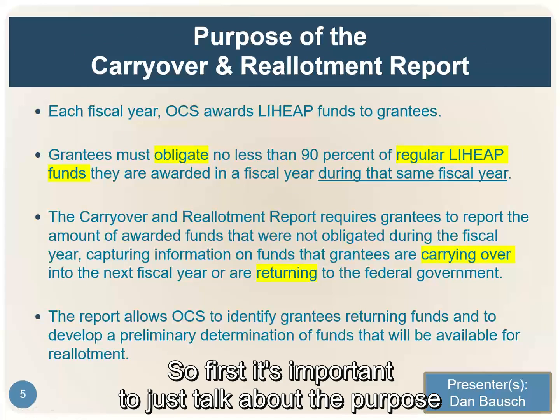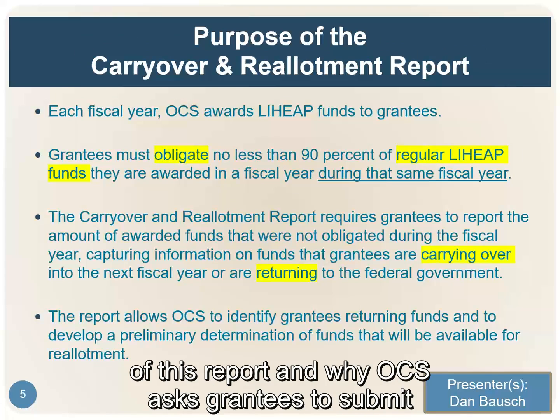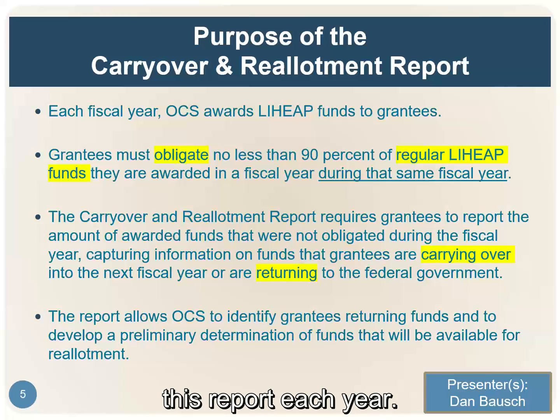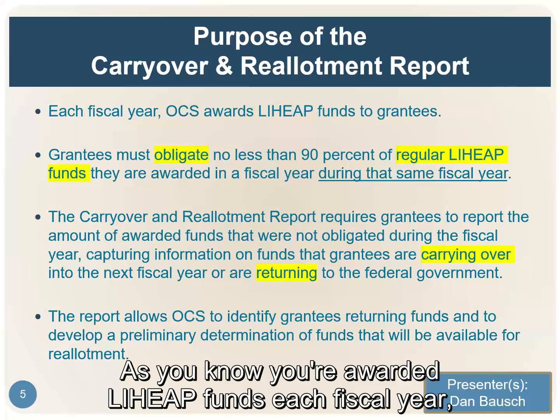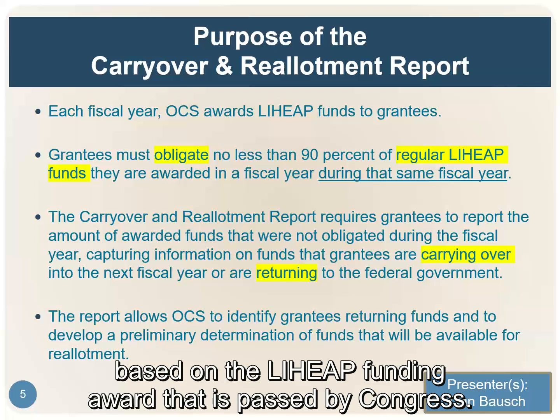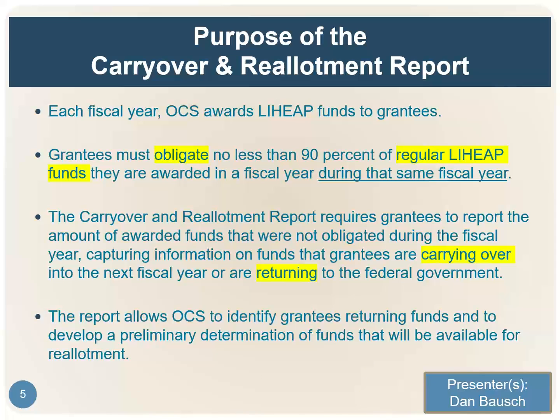So first, it's important to just talk about the purpose of this report and why OCS asks grantees to submit this report each year. As you know, you're awarded LIHEAP funds each fiscal year based on the LIHEAP funding award that is passed by Congress.